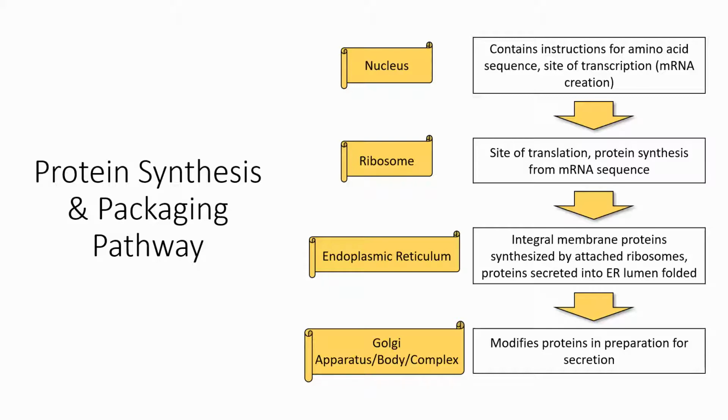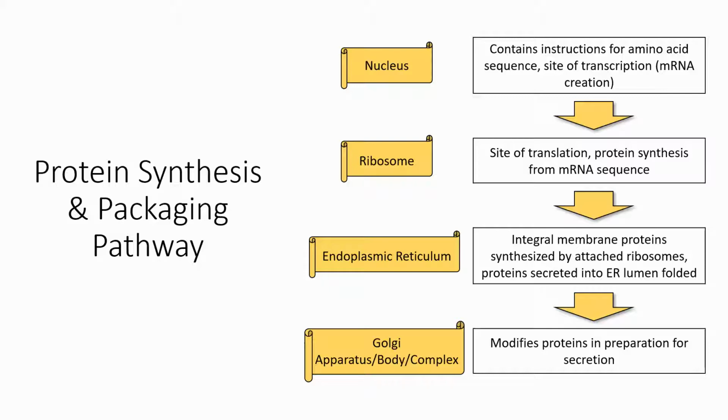They'll be incorporated into the membrane of the endoplasmic reticulum, and then these proteins can be shipped out by vesicle to the Golgi. I'll explain the Golgi apparatus in a moment, which can then modify these proteins and then prepare them to be released from the cell if that is their final destination.